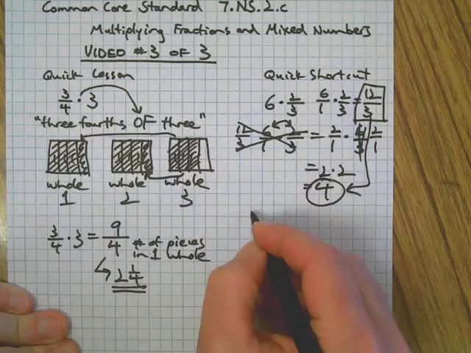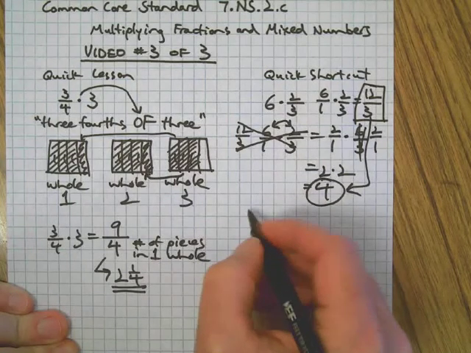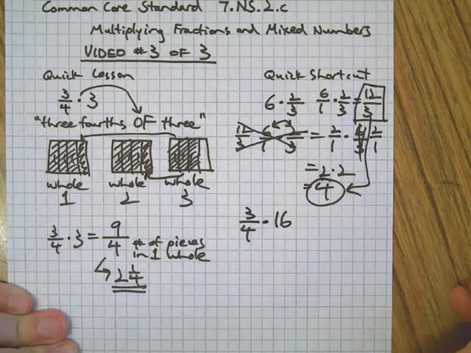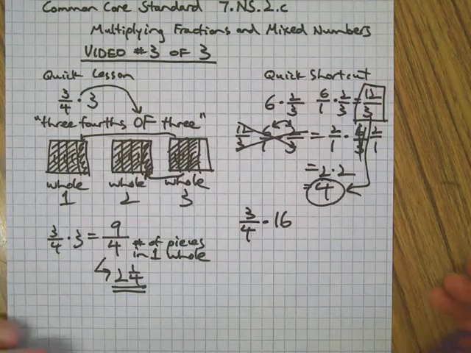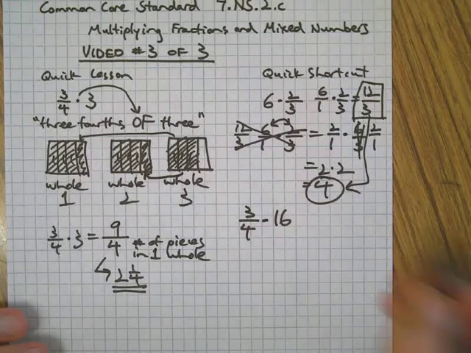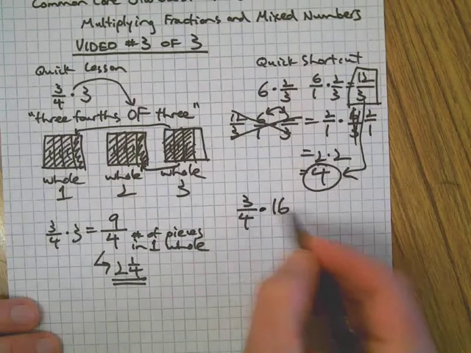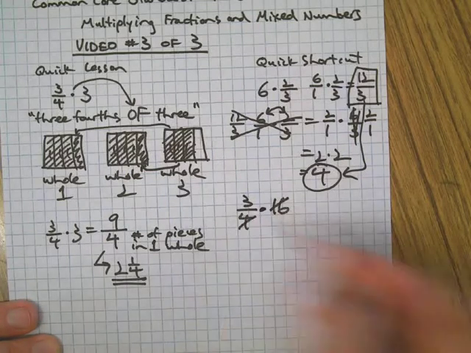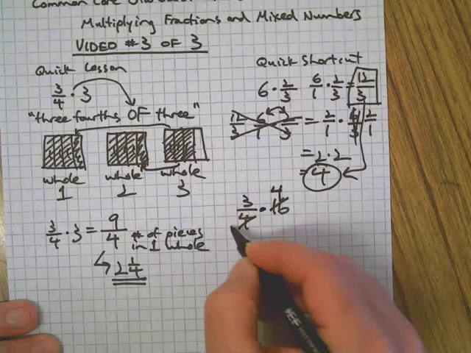Let's say we have, I don't know, 3/4 times 16. Now what I want to teach you to do here is to recognize this without having to add the 1 and do any rearranging. Do you see that there's a 16 over 4 happening here? 16 over 4 is the same as 4 over 1.